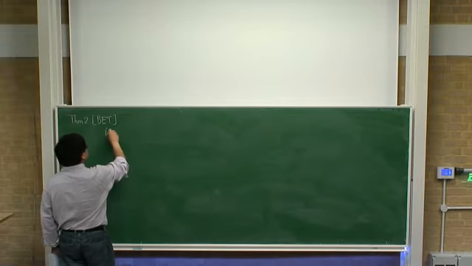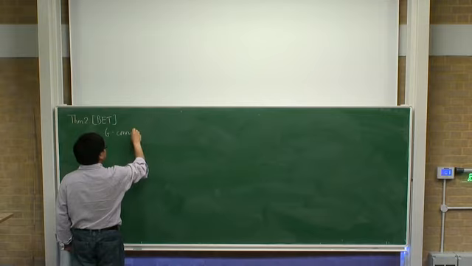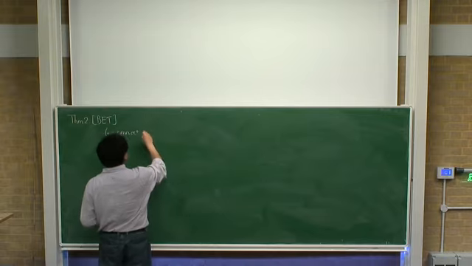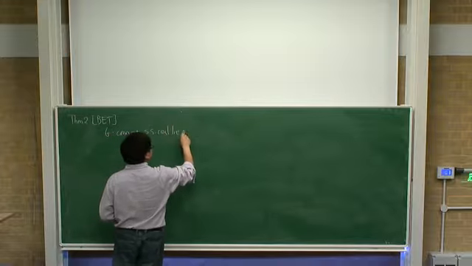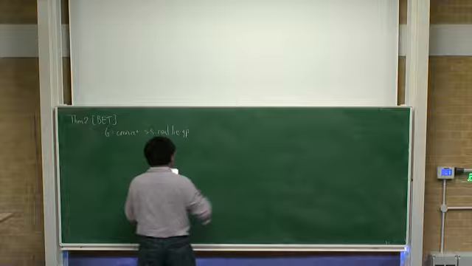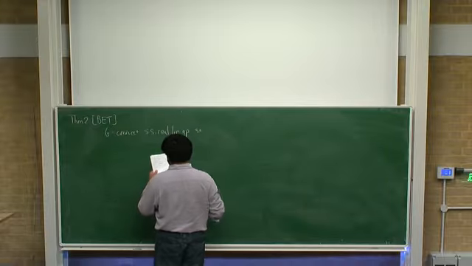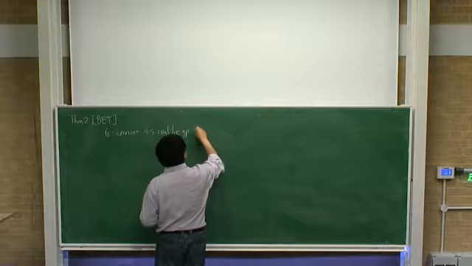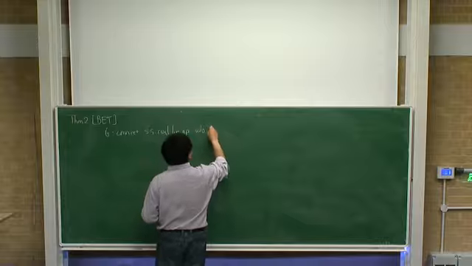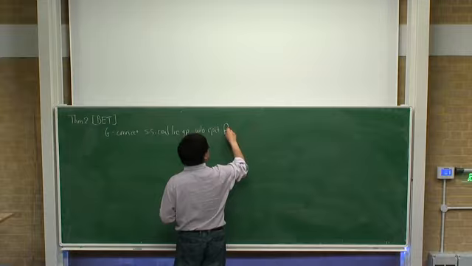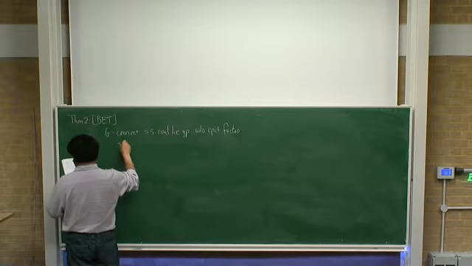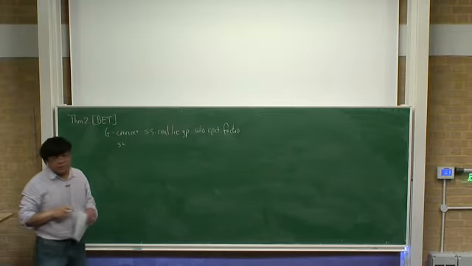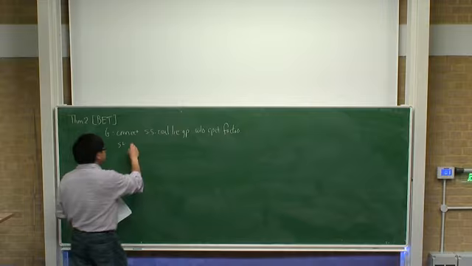Here I want G to be a connected semisimple real Lie group, with the same condition as before, without any compact factors, such that each simple factor has real rank greater than or equal to 2.